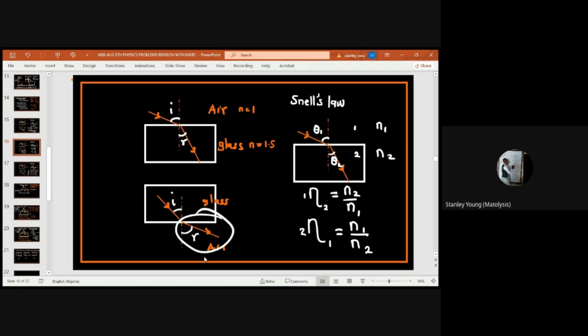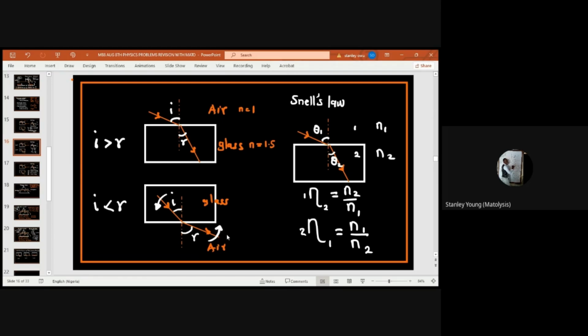Away from the normal. So you realize that in the first case, angle I is obviously bigger than R, right? And in the second case, where the ray travels from a denser to a less dense medium, angle I is less than R. So if you continue to increase I, of course, R also will continue to increase.